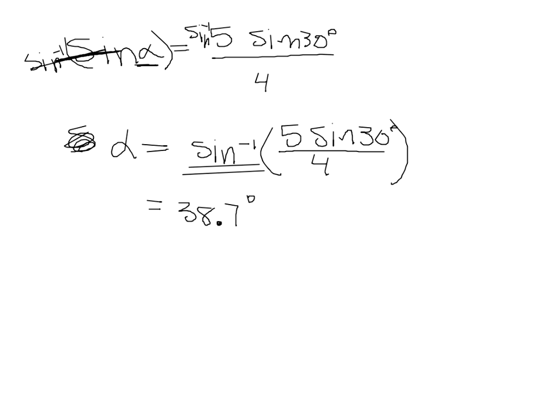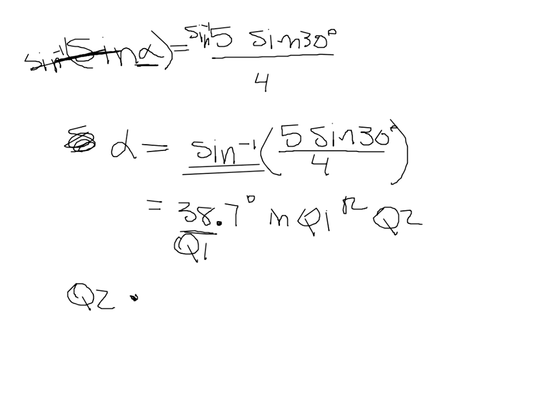But remember that the range of inverse sine is in quadrant 1 and 4. So this is a positive value. It could be in quadrant 1 or 2, and I don't know. So this is the quadrant 1 angle.